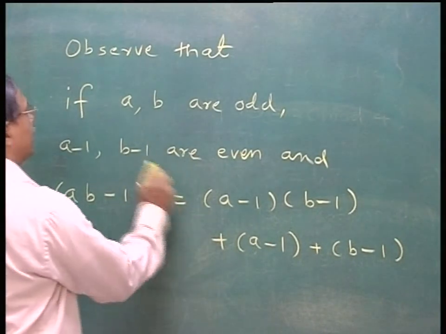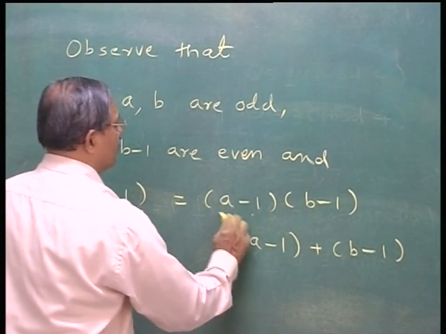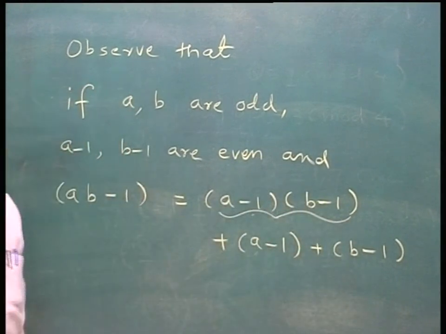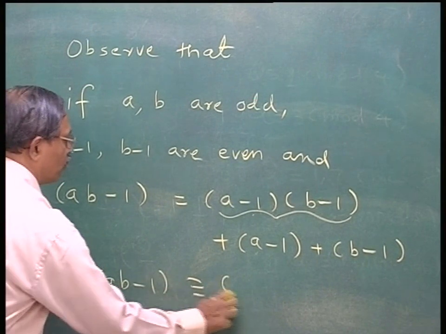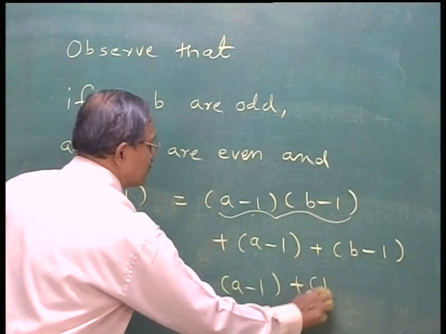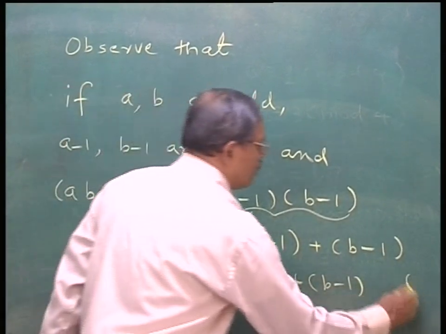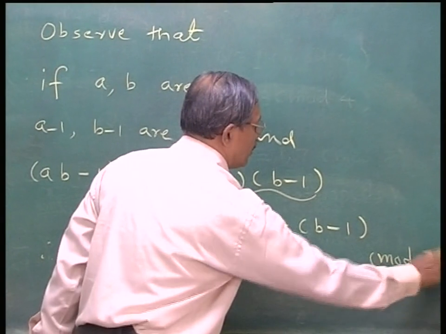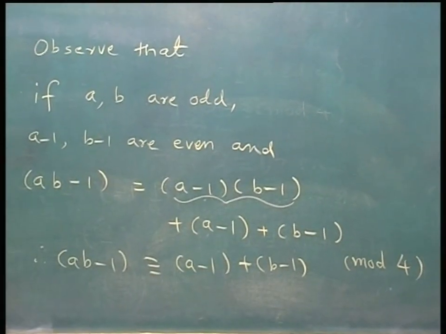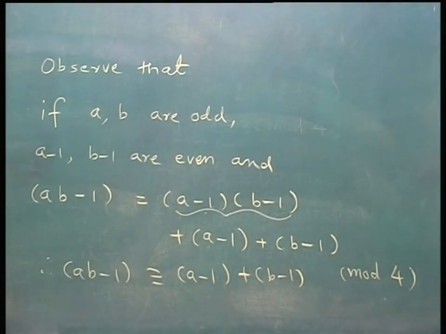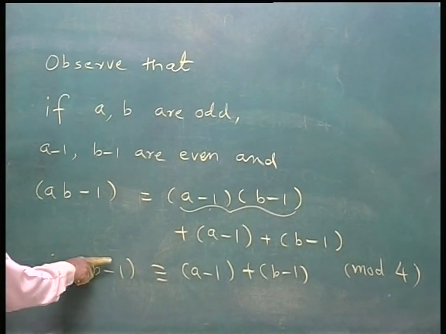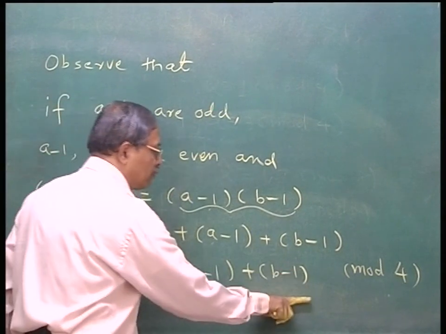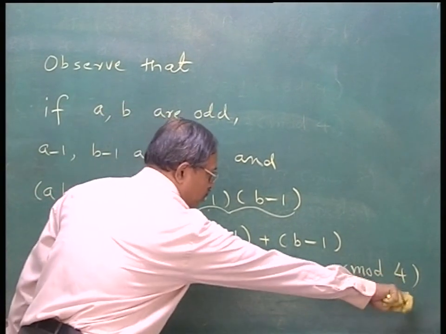Now this quantity A-1 is even and B-1 is even. So this product is divisible by 4. We can say AB-1 is congruent to (A-1) plus (B-1) mod 4. So this whole congruence we can divide by 2, because AB is odd, AB-1 is even. This can be divided by 2, this can be divided by 2, this can be divided by 2, and this 4 also we divide by 2.